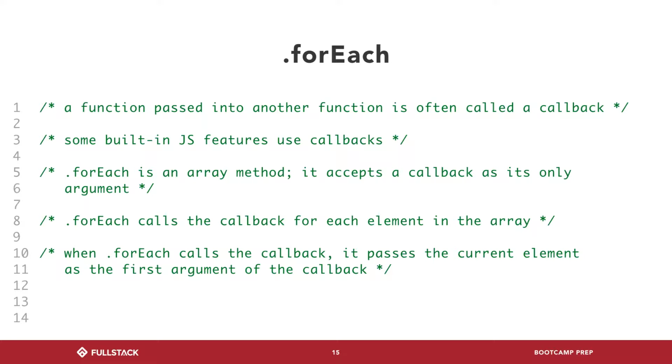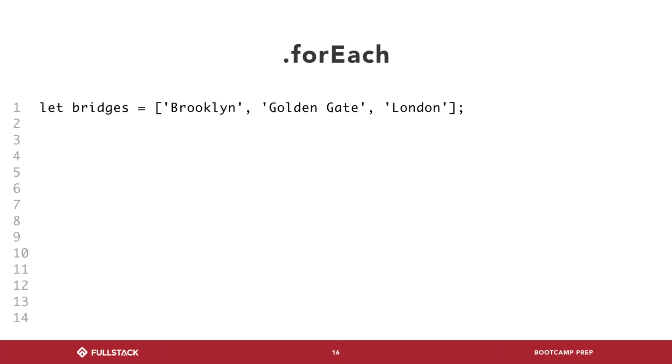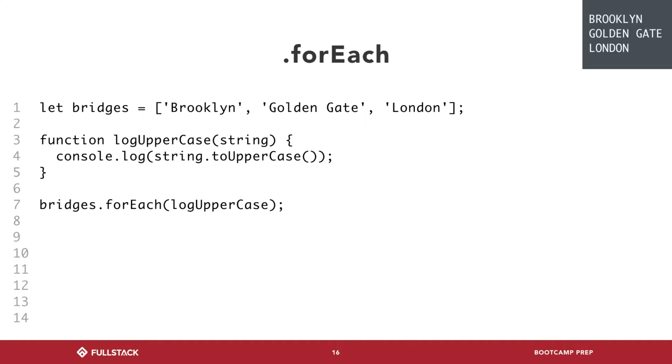One example of us starting to use callback functions is something called forEach, and there are a few other examples of this too. forEach comes built in with the array class, so every array you ever build has access to forEach. forEach is a built-in function, and the way you call it is array.forEach or bridges.forEach.